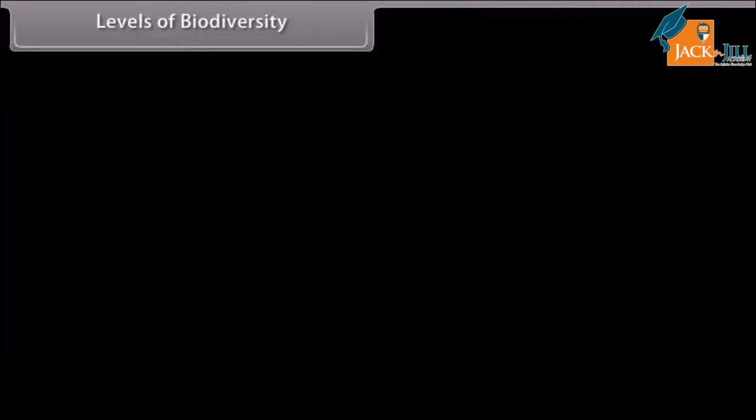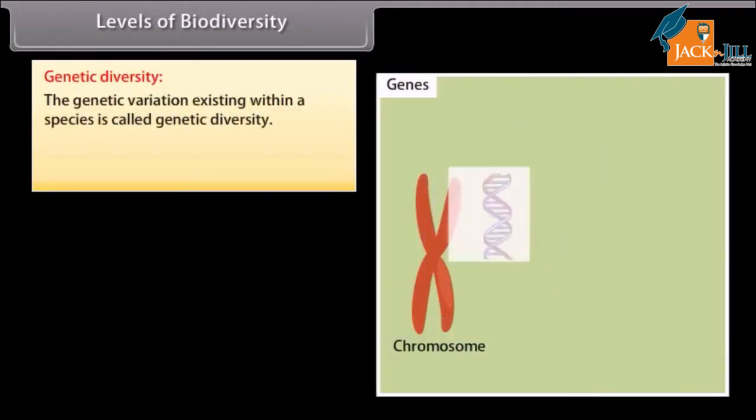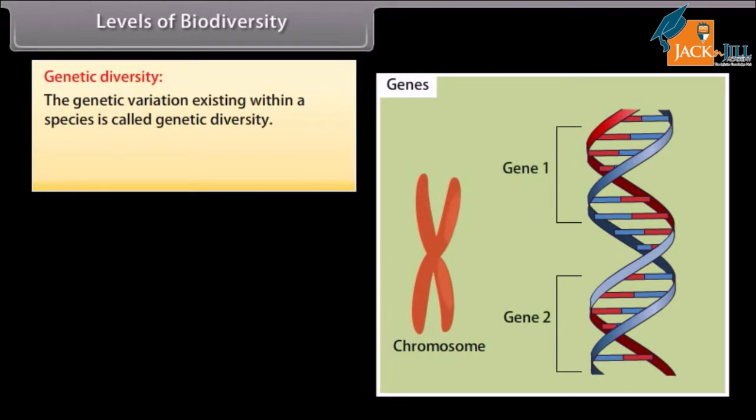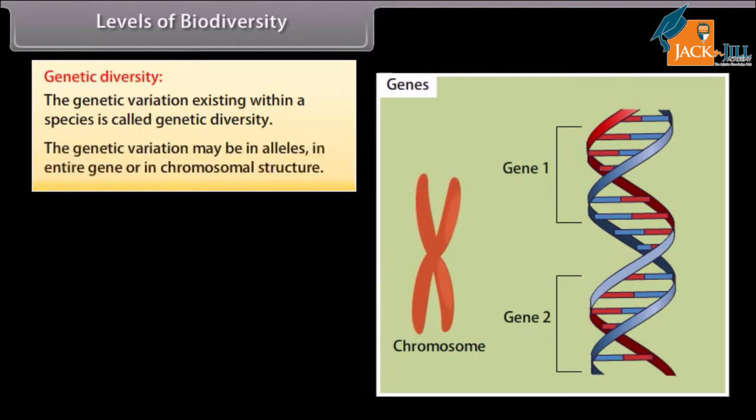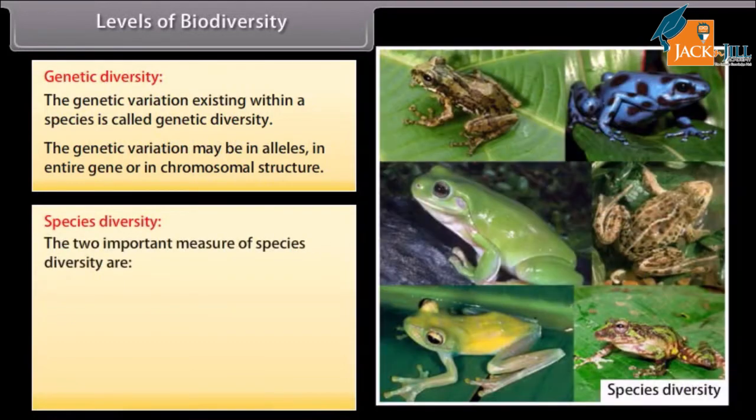Levels of biodiversity. Genetic diversity. The genetic variation existing within a species is called genetic diversity. The genetic variation may be in alleles, in entire gene, or in chromosomal structure. Species diversity. The two important measures of species diversity are species richness.